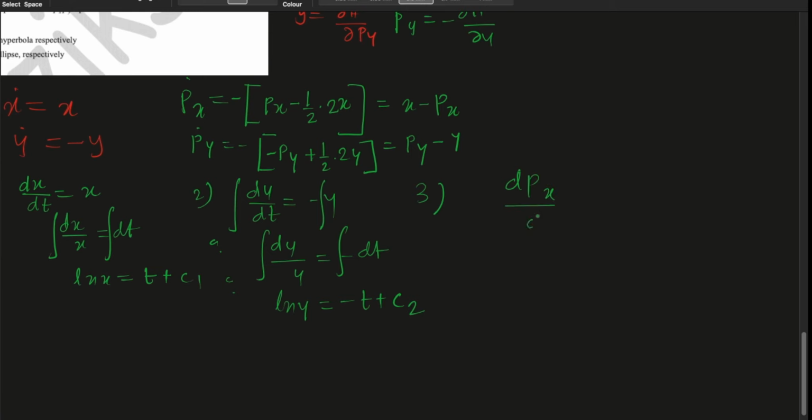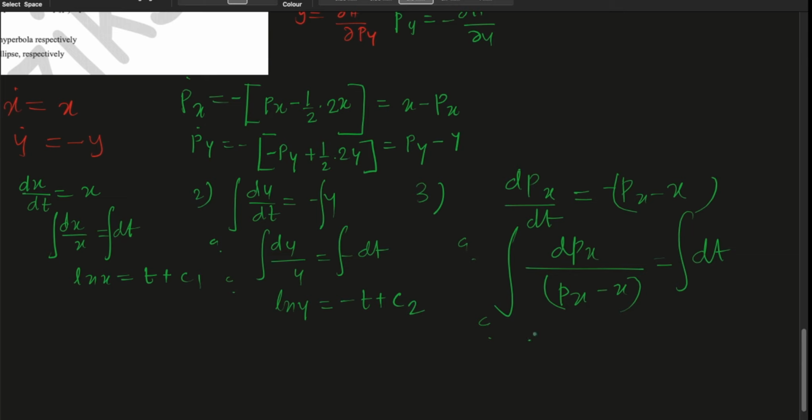dpx/dt equal to, let's take out minus common factor, minus (px minus x). So we can write dpx by (px minus x), take the integration, and dt integration. So this will become ln(px minus x) equal to t plus c3.